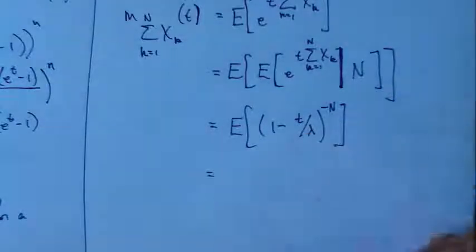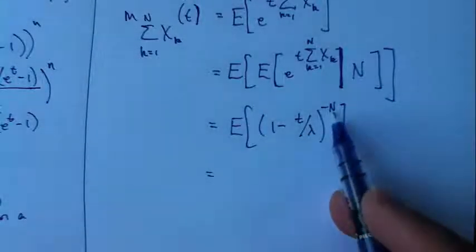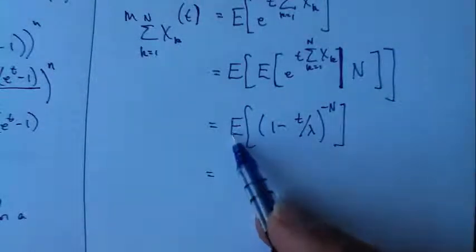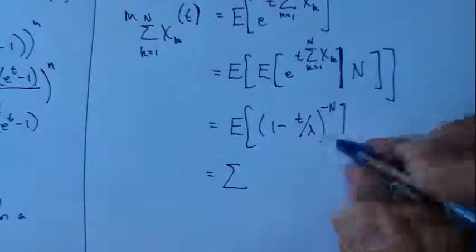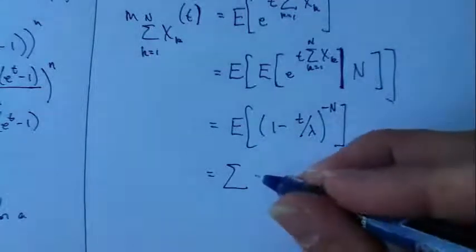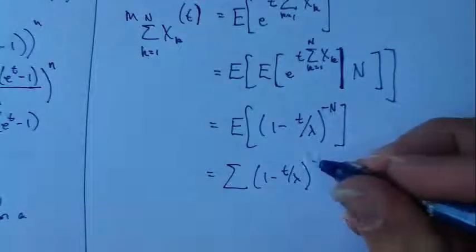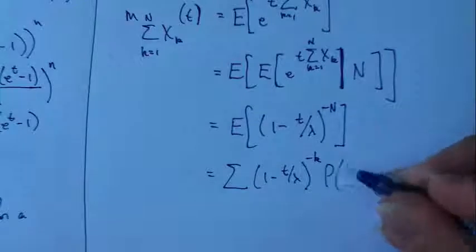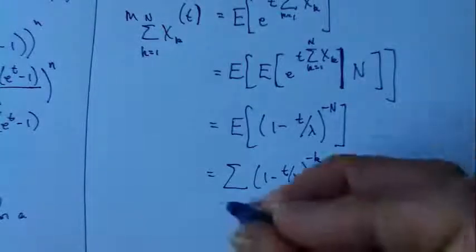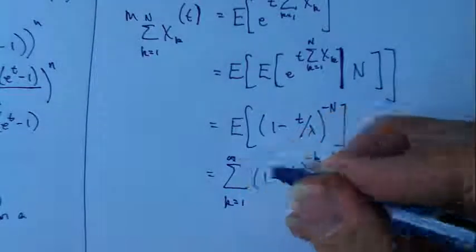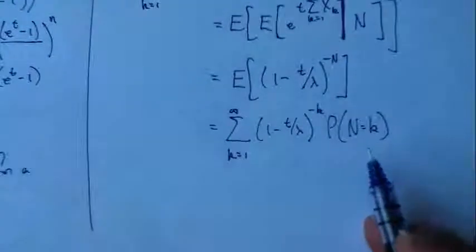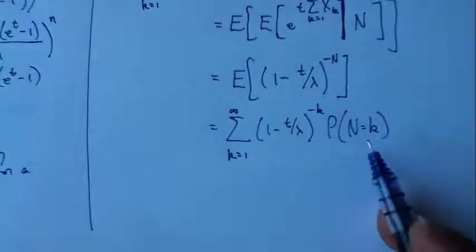So now I still have this random variable in the expectation. N is geometric. So I'm going to take 1 minus t over lambda raised to the negative k, times the probability that N equals k, with k going from 1 to infinity. K is my dummy variable that represents my geometric random variable.